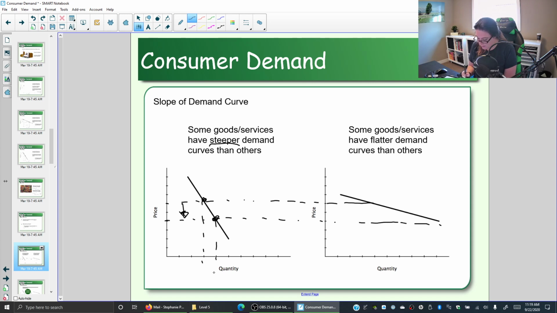Changes a lot or changes a little? On the right, we have a graph with a much flatter demand curve. We do the same change in price, and here you can see when you drop the price, what happens to quantity demanded. So on the left, there's a little change in the quantity demanded, and on the right, there's a much bigger change in quantity demanded for the same change in price.